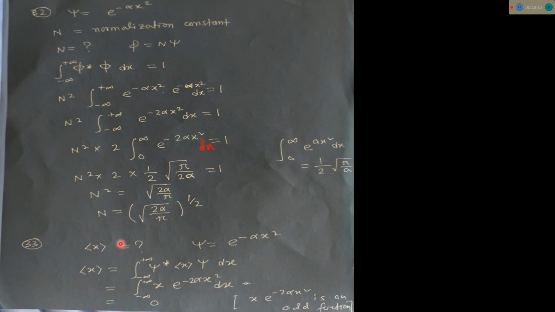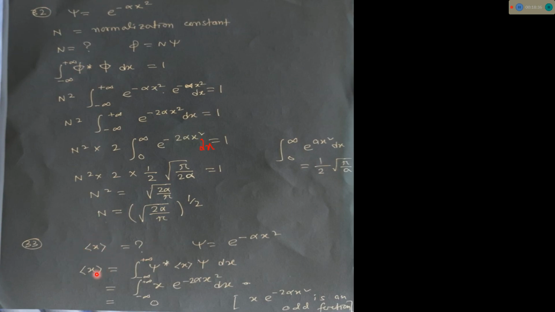So this is the simplest and easiest question from quantum chemistry, normally on the simple harmonic oscillator model, this type of question is normally asked. And in the next question, I think the same function was given, we just have to find the average value of x.